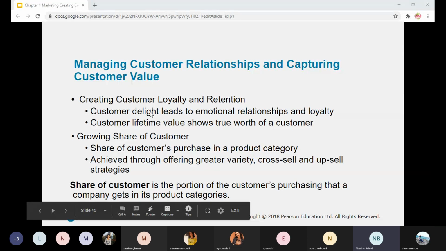Marketers should care not just about current sales and market share. Current sales means how much we sell, and market share is our position among the competitors. Customer lifetime value and customer equity are the name of the game.